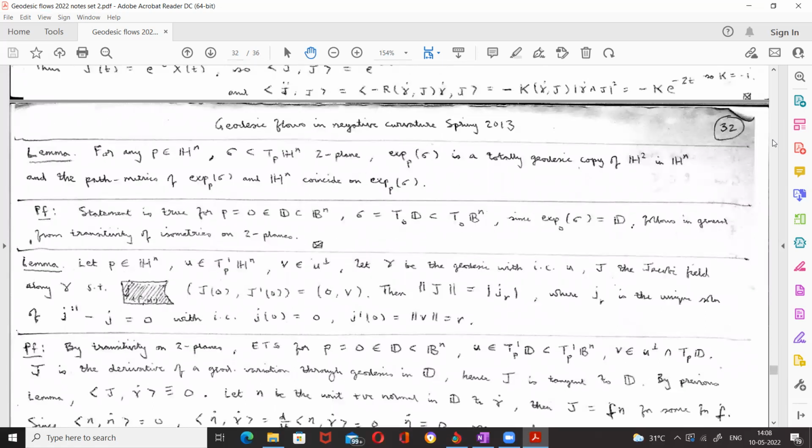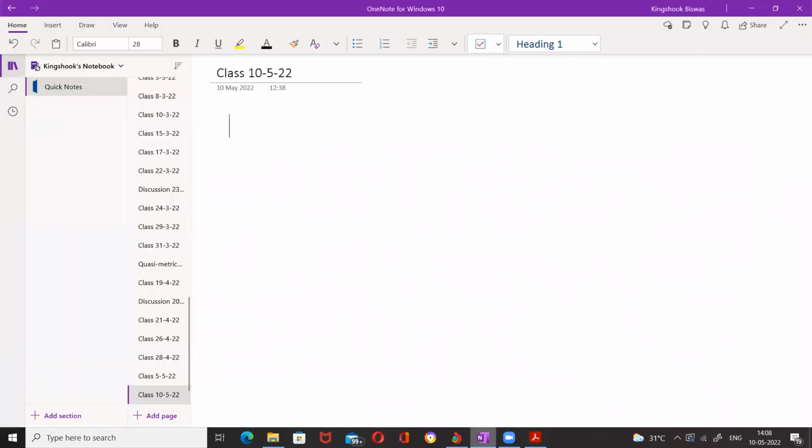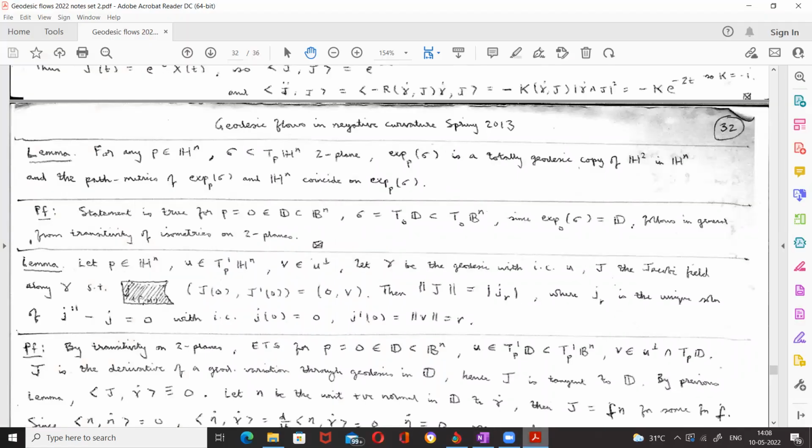So now we're going to go towards the proof of Alexandrov's theorem that if X is a complete simply connected Riemannian manifold of sectional curvature less than or equal to -1 at all two planes, then X is a CAT(-1) space, right? So we've talked about CAT(-1) spaces.